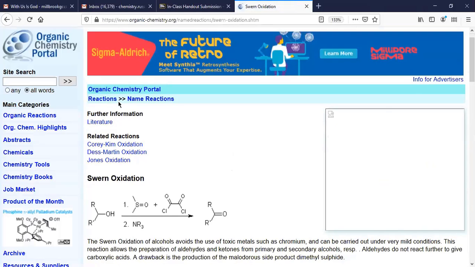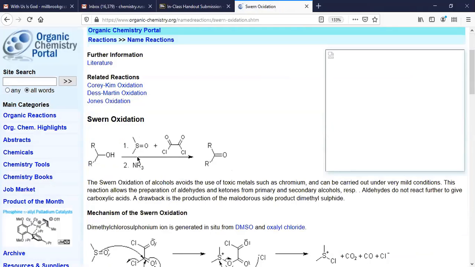What are the reagents? So you need DMSO, which is here. And you also need oxalyl chloride, right? So these reagents with an alcohol and then followed by a base, those are your reagents for Swern oxidation. So DMSO is one of them. So DMSO and then oxalyl chloride.